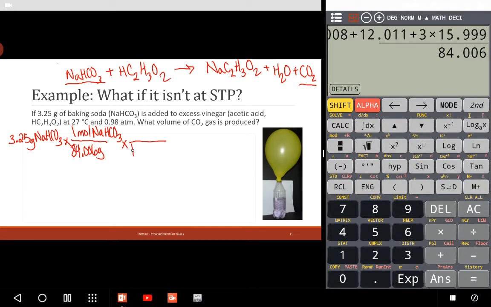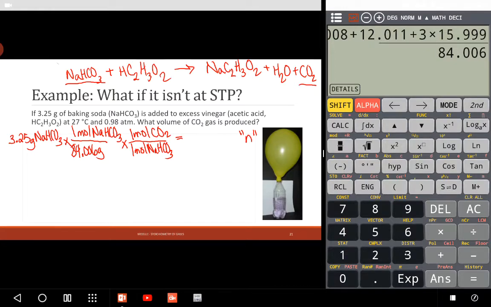Now I can cancel out my moles of baking soda and get into moles of carbon dioxide. I'm going to stop there because now that I'm in moles, I can plug moles into my equation for gases, because PV is equal to nRT. So moles is my n value.